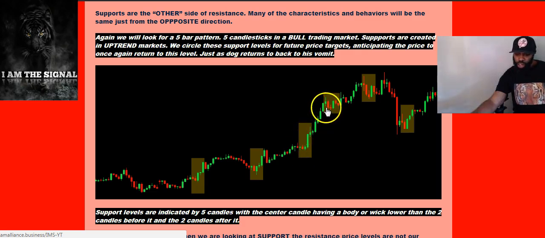Again, lower than the first 2, lower than the 2 after. You see this one right here, it's about almost equal. Most of the time, that is just as well. If it looks right, it will usually perform the same function, all right?